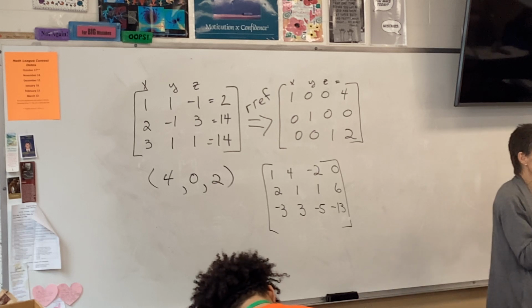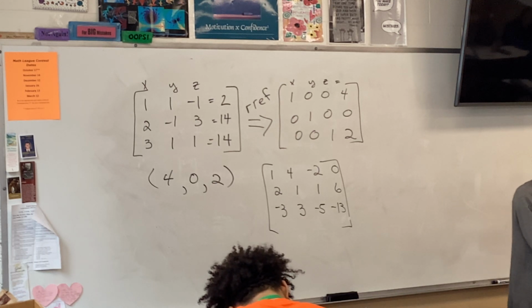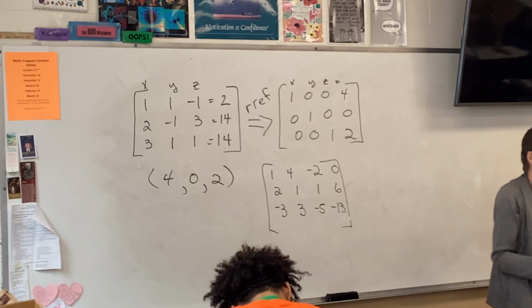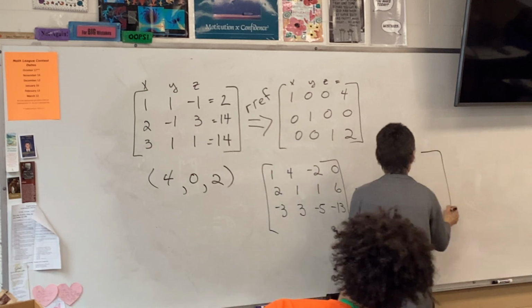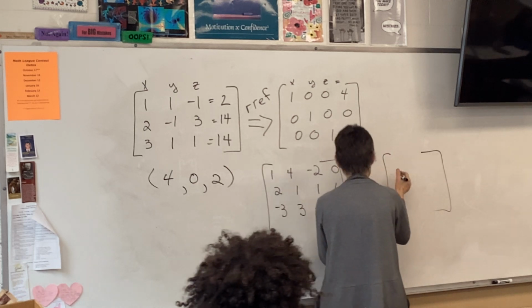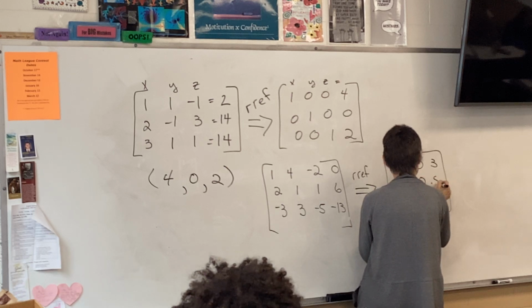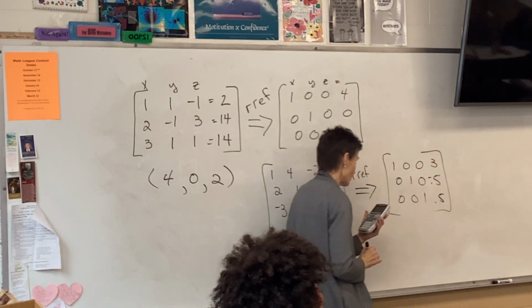Press enter, and then tell the calculator, I want to do matrix A. So second matrix, enter, and that one turns out to be, if I didn't make a mistake on something, does that look like what you got, Owen?